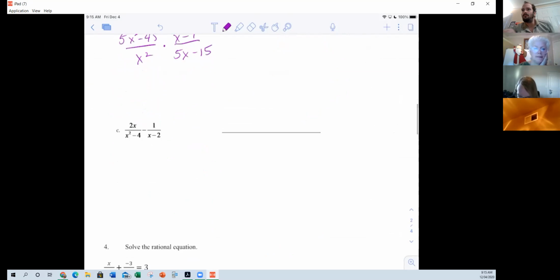On C, the first thing you have to do is find a common denominator. So the common denominator is going to be x minus 2 times x plus 2. So 2x already has that.